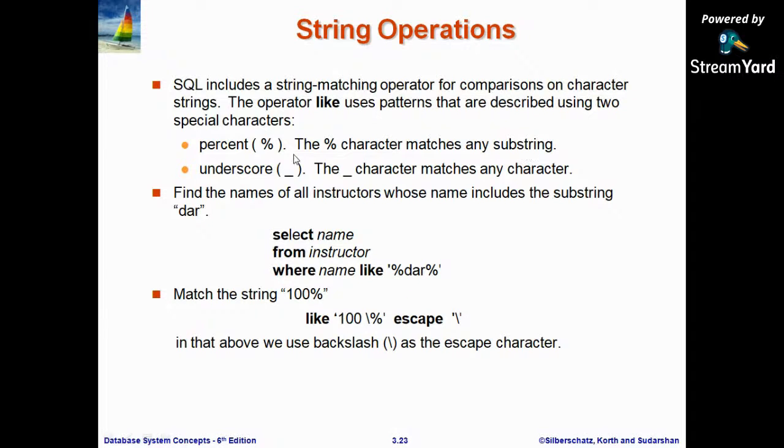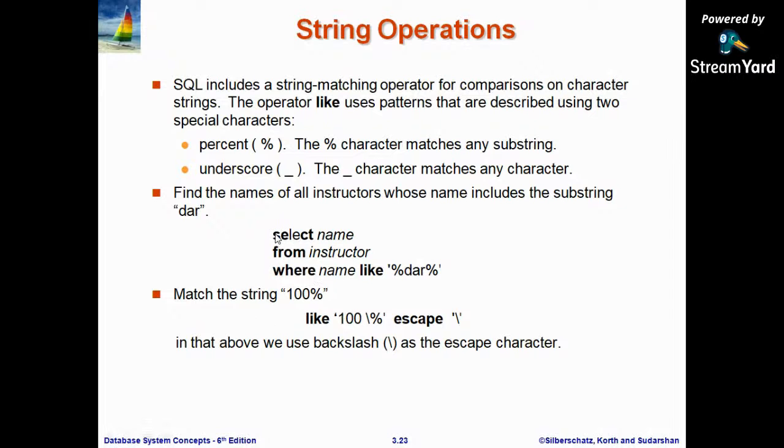And to compare only a single character, you can use the underscore. It is going to match only a single character. So substring matching requires you to use the percentage, and underscore will do character by character for you.